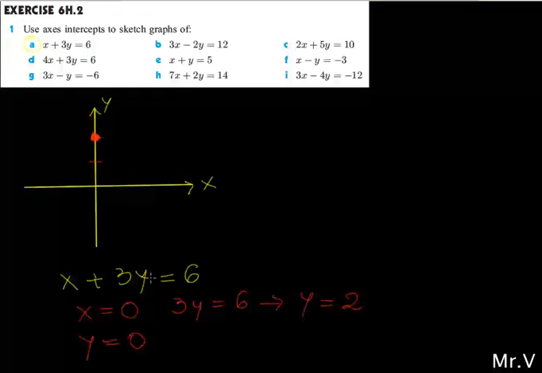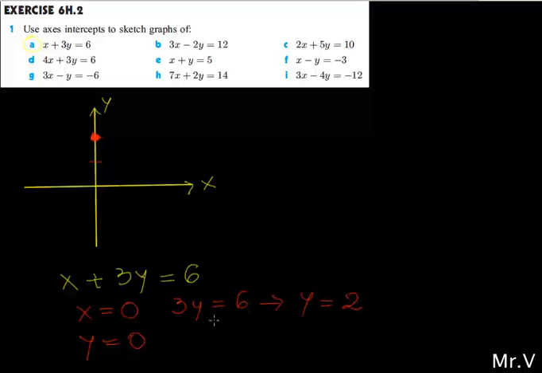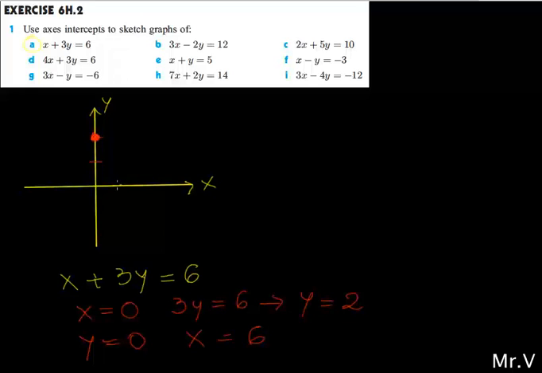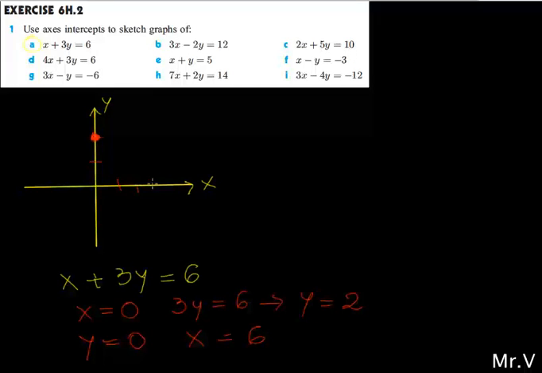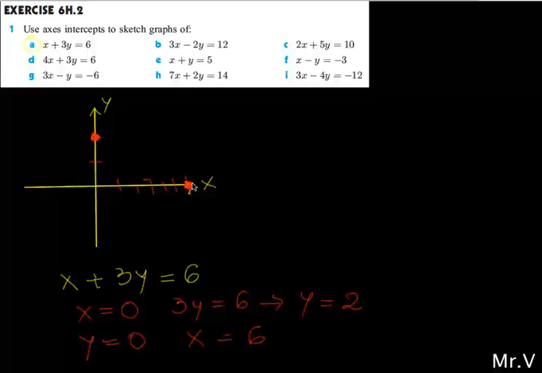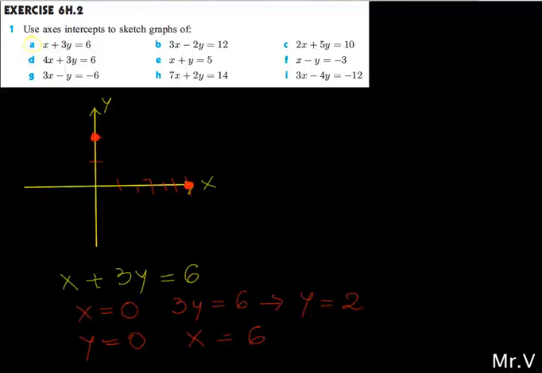So at the end, it is so easy, I just have x equal 6. So 1, 2, 3, 4, 5, 6. It doesn't have to be perfect, you're sketching. And here is your second point. Now that you have 2 points, you can make a line.